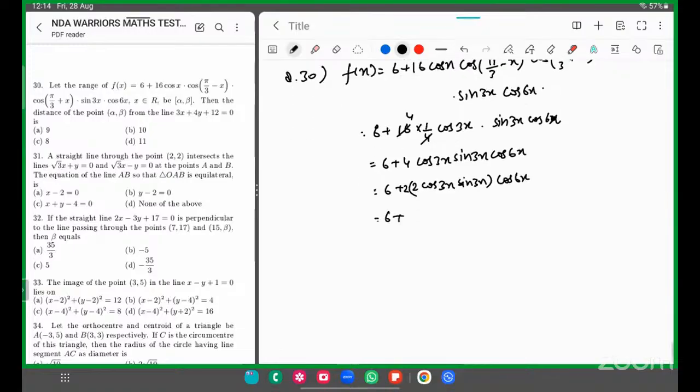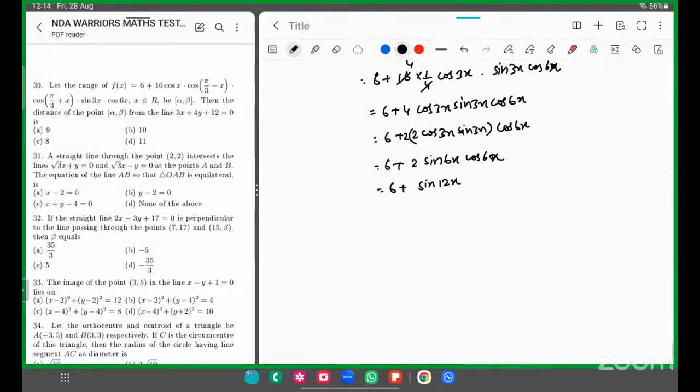It again forms a formula, sin 6x. 2 into sin 6x into cos 6x will again form the formula of sine of 12x. So this is my simplified function. What can be the range for this?